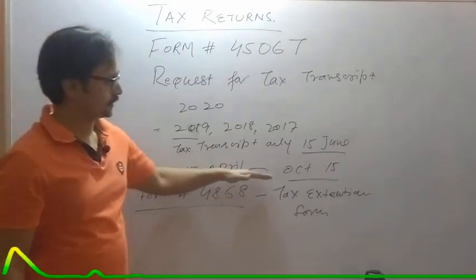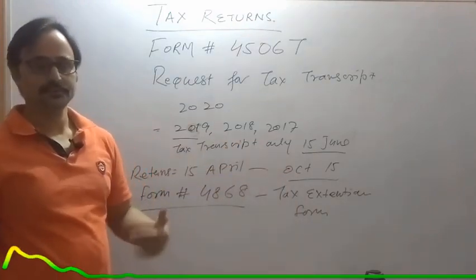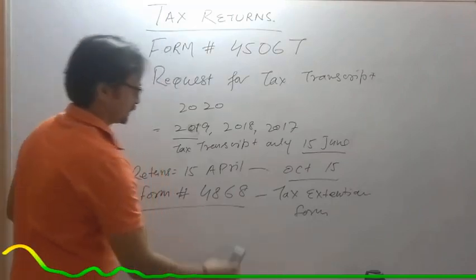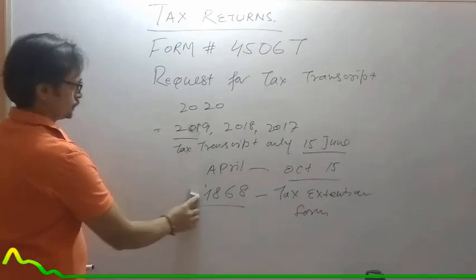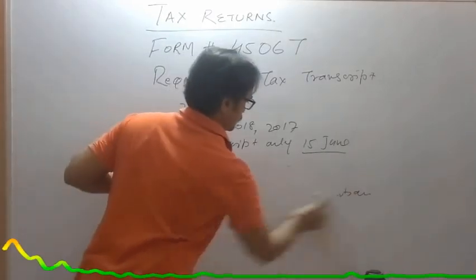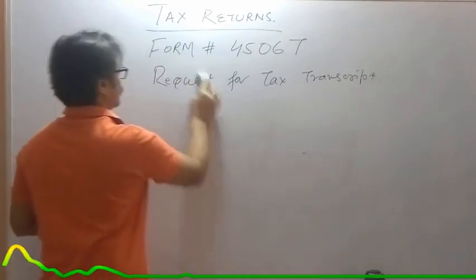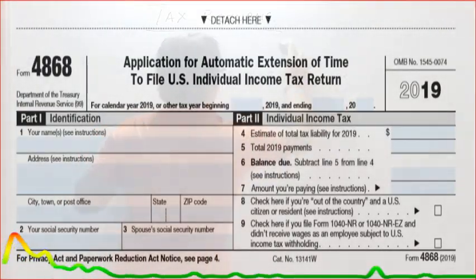But that extension will be valid only till October 15. After 15 October, we again need the tax returns; then the extension could work. Okay, so these are the two forms that are always required. Let's start with the tax return.